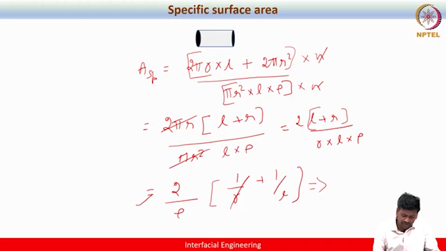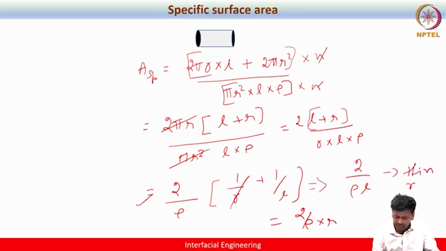For a thin rod, you simply have 2 by rho L. For a particle where the radius is very important and the length is insignificant, you will have 2 by rho into R. This is for a thin rod, and this one is for a disc. So in this way you can calculate the specific surface area.